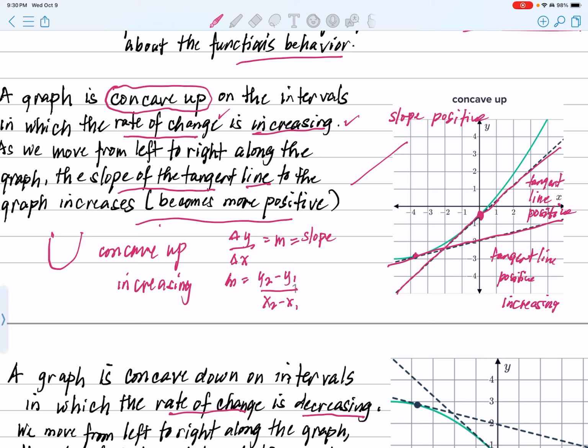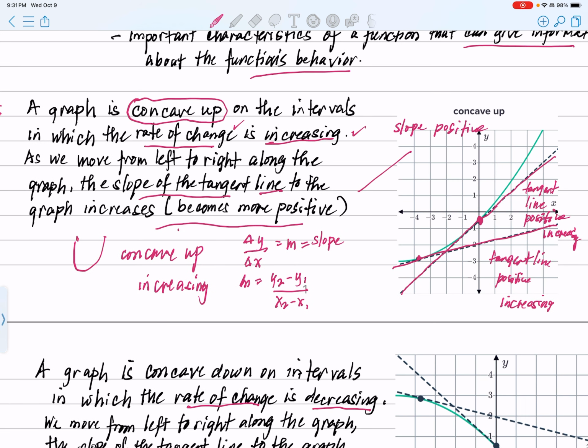So the slope here is increasing. That's it. Now, besides using the tangent line, the question is, can we find the slope using the slope formula, that is the change in y over the change in x? Okay, that is what we call the rate of change.